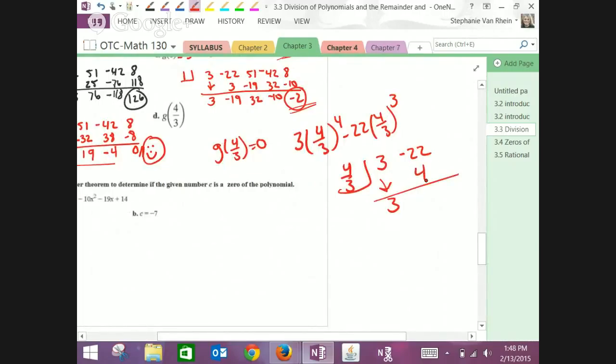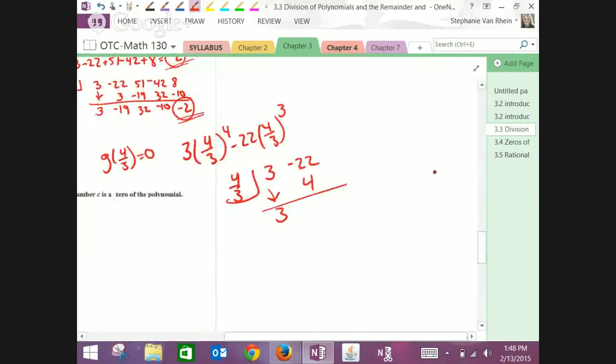If you deal with fractions, it's a lot easier to do here, and less likely to make a mistake doing synthetic division. You should get 0. Let you guys work on that.